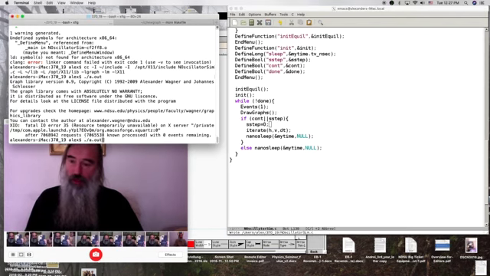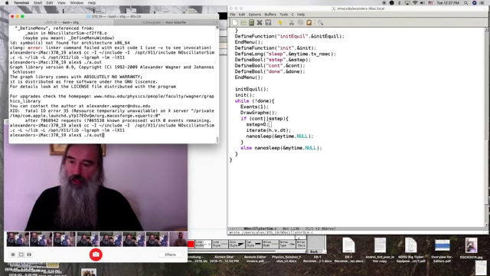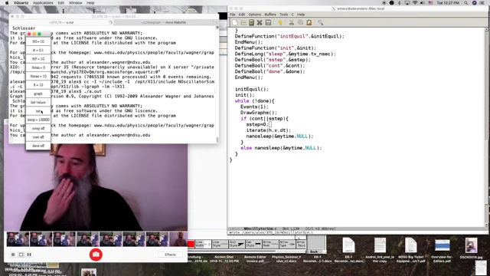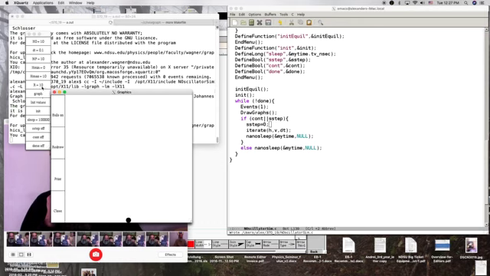Now if we compile this and run this, we can go to the graph and now we can do this a single step at a time. So now we can see one step.